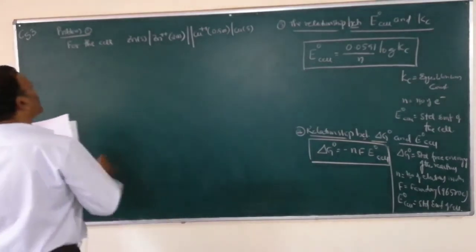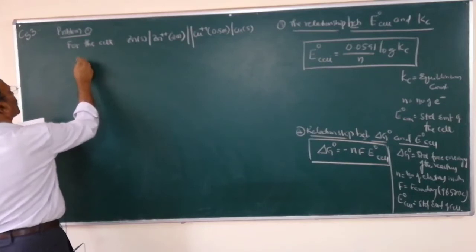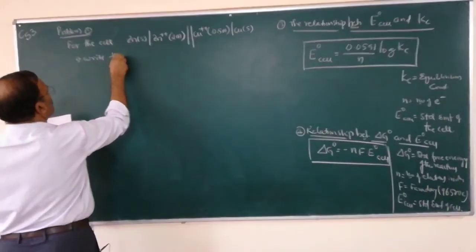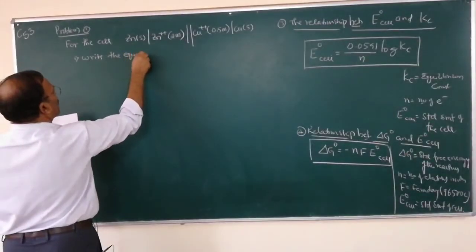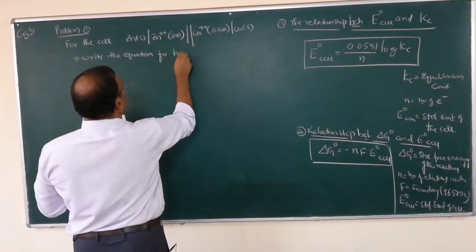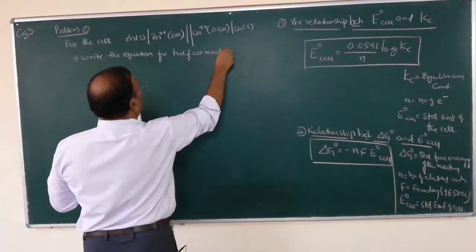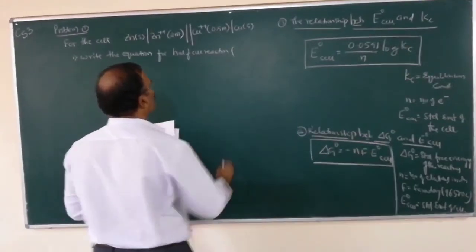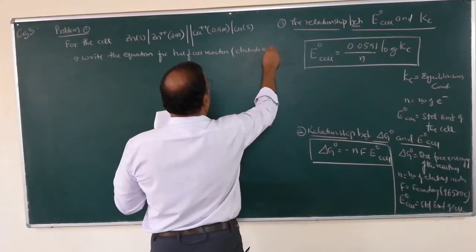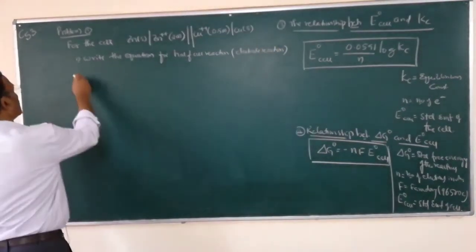So this is the cell. For this cell, number 1, write the equation for the half cell reactions. Half cell reaction is also called the electrode reaction.